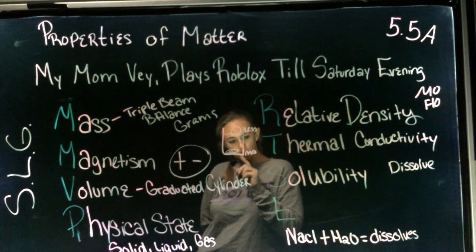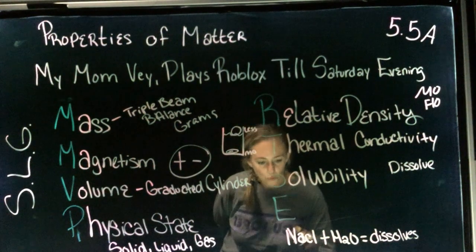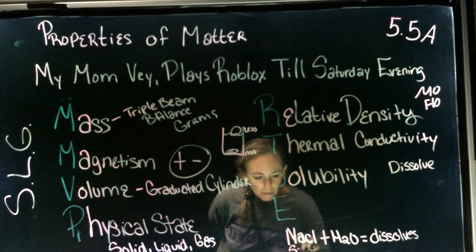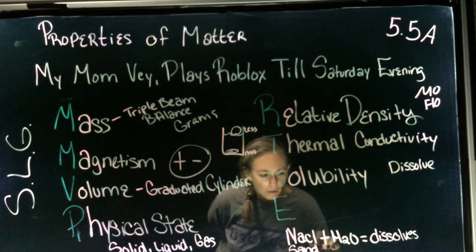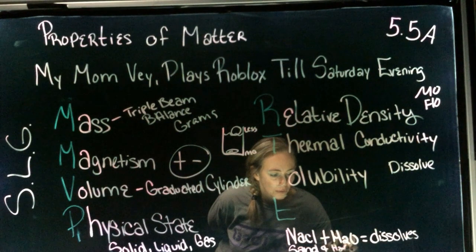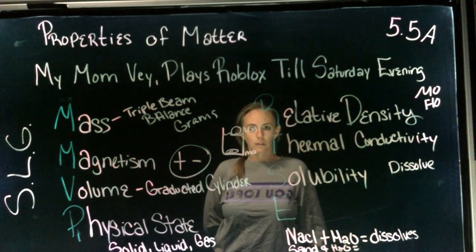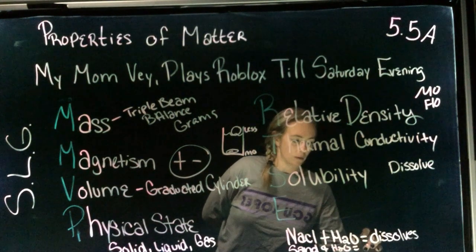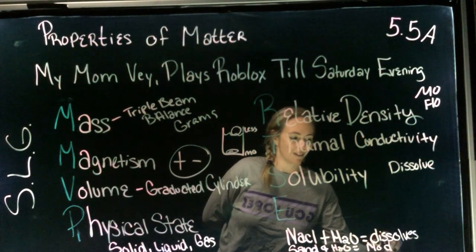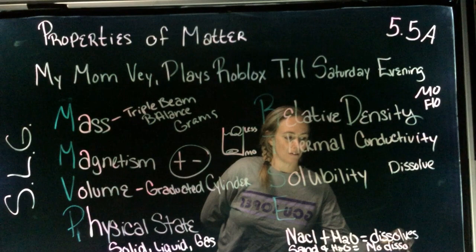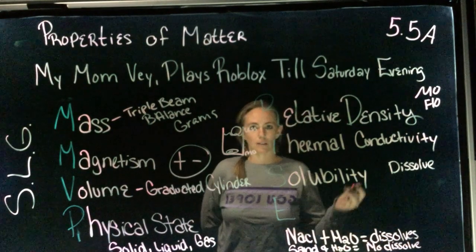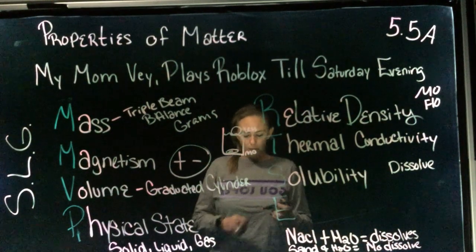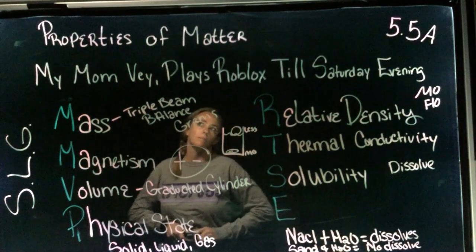What about sand and H2O? Does that dissolve? No dissolvo. If it did dissolve, would we have any beaches? No, we wouldn't. That'd be so sad, okay? Because I love to go to the beach.